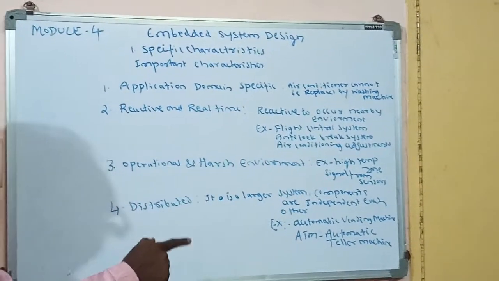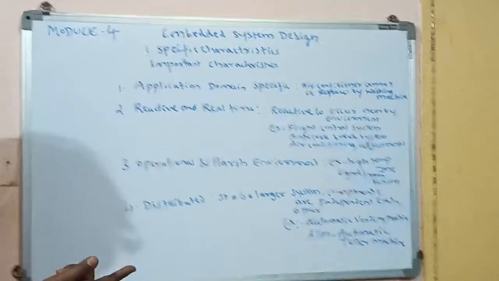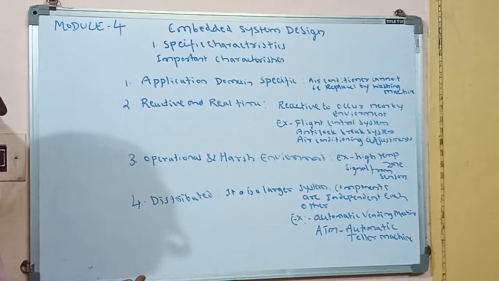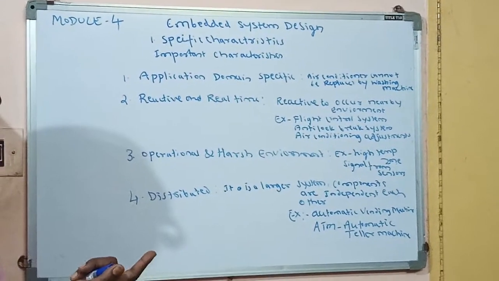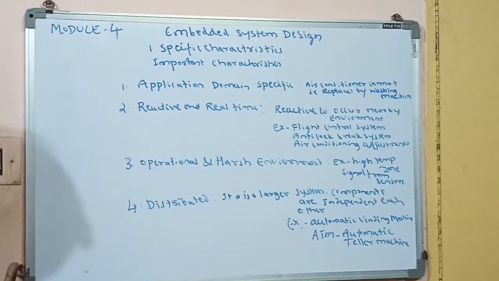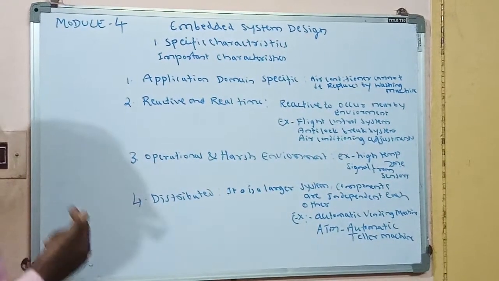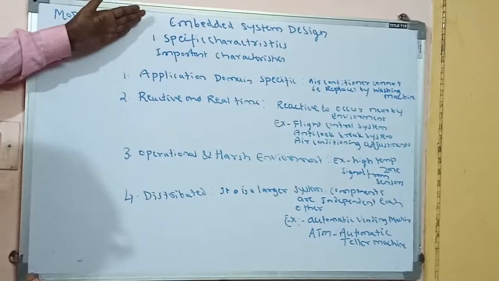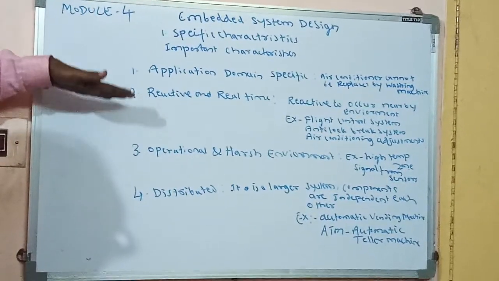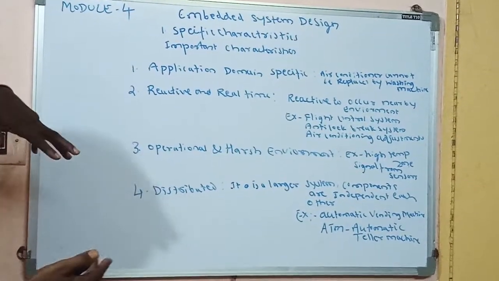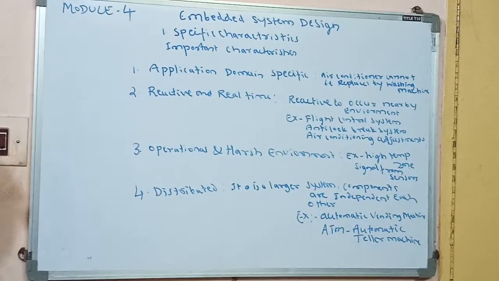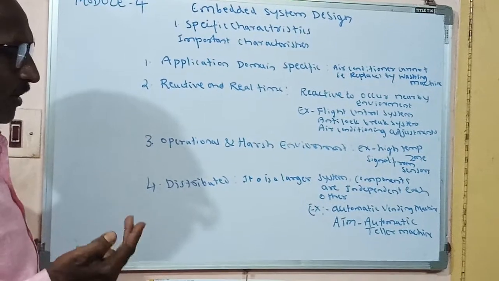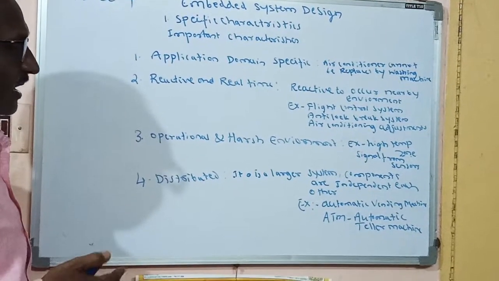This type of software is more suitable for remote control, flight control, anti-lock braking systems, and air conditioning adjustment, to name a few. So many examples are available in the open market nowadays. If you continuously observe, you will realize what an embedded system is, what its applications are in the present market, what the requirement is, and how reactive and real time it is. You can take microwave ovens and washing machines.